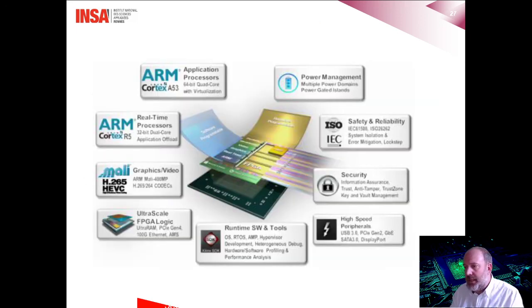Finally, on this slide, we have a certain number of elements that constitute an FPGA of the latest family of Xilinx. In this type of circuit, we can find today application processors that are Cortex-A53 ARM processors with 4 cores, quad cores. These cores have virtualization capability, and we'll come back to this point later in the course. There's also the possibility to have specific real-time processors of the Cortex-R5 type from ARM again.